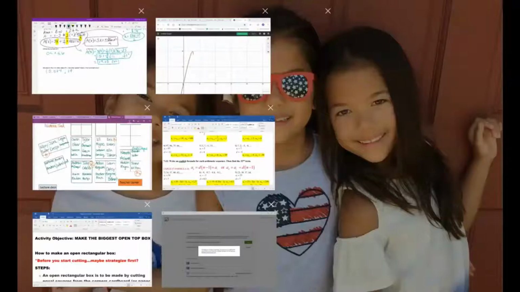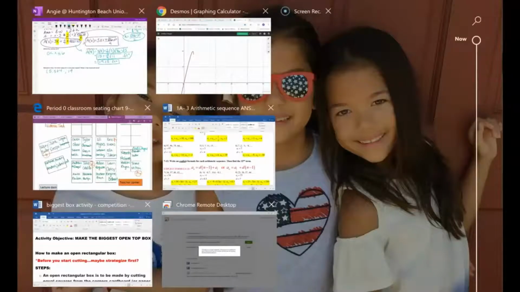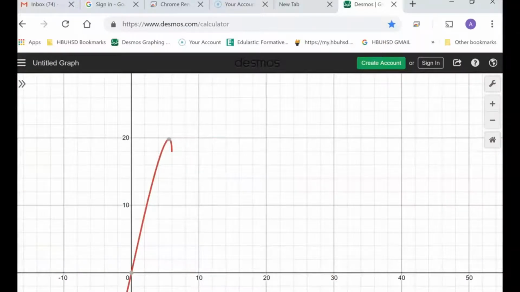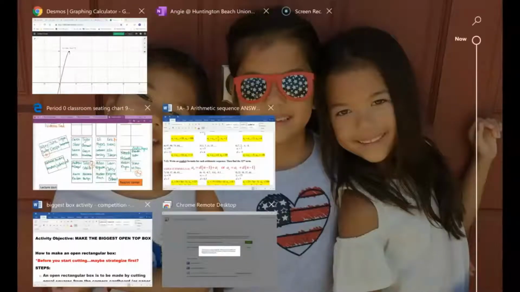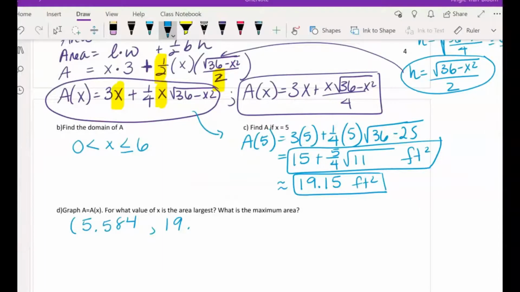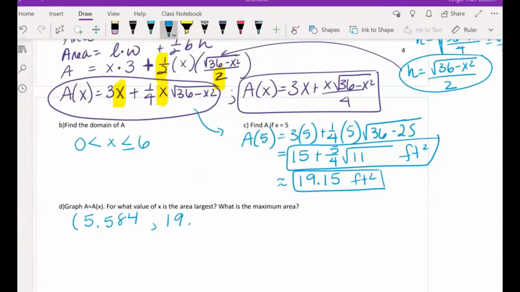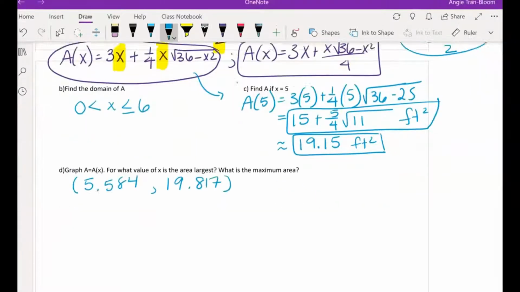Let's verify really quickly. 19.817. What does that mean?